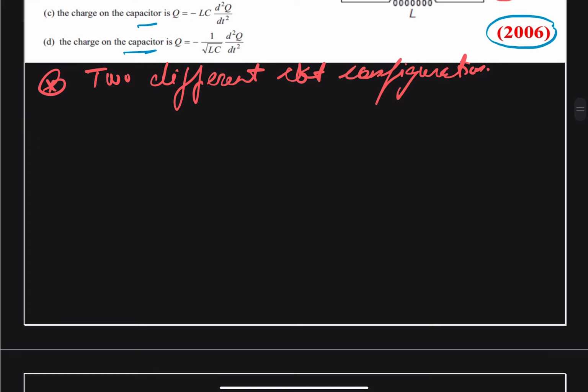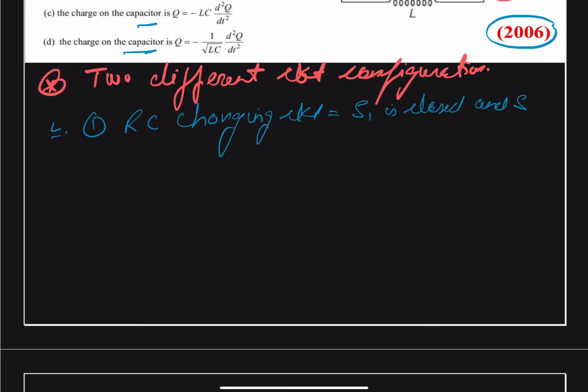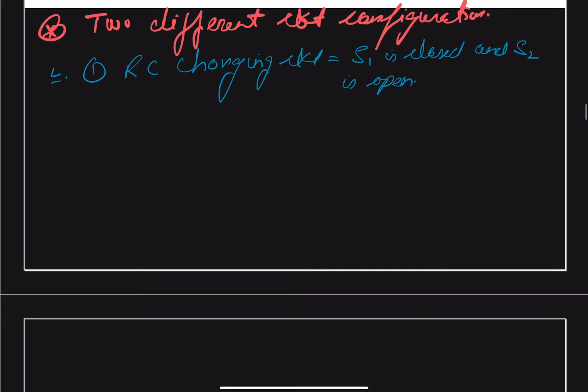First configuration we can call an RC charging circuit. And this is when S1 is closed and S2 is open. And second, we can call it an LC oscillatory circuit.